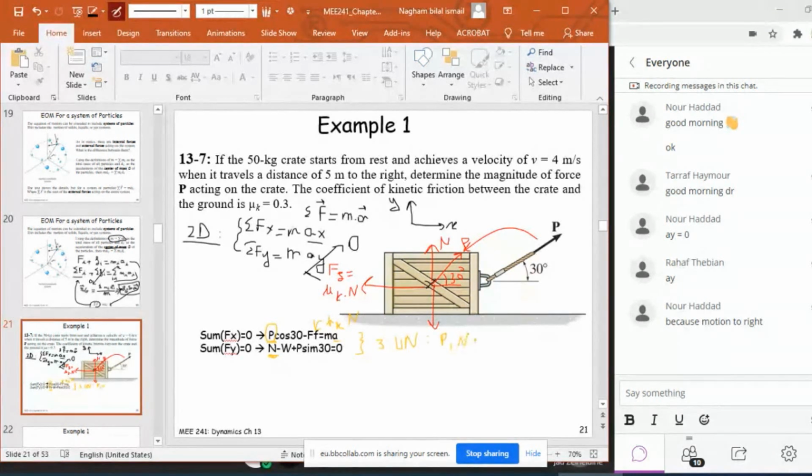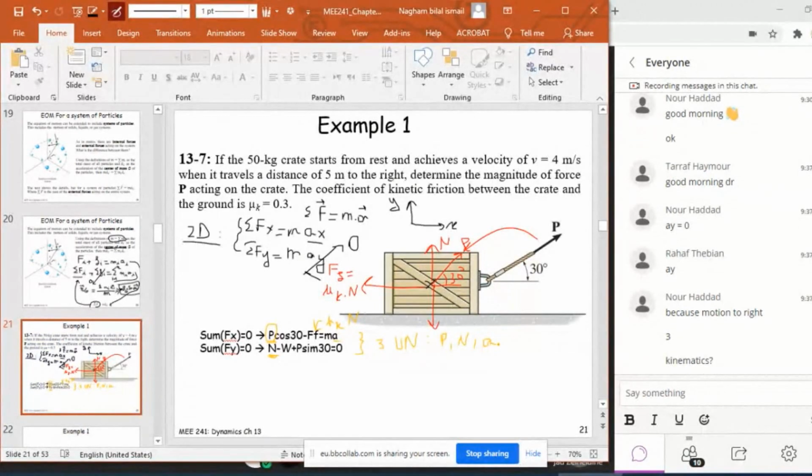So how many equations, guys, do I need to solve for these unknowns? Since I have three unknowns, I need three equations. What do you think is the third equation? Yes, from kinematics.